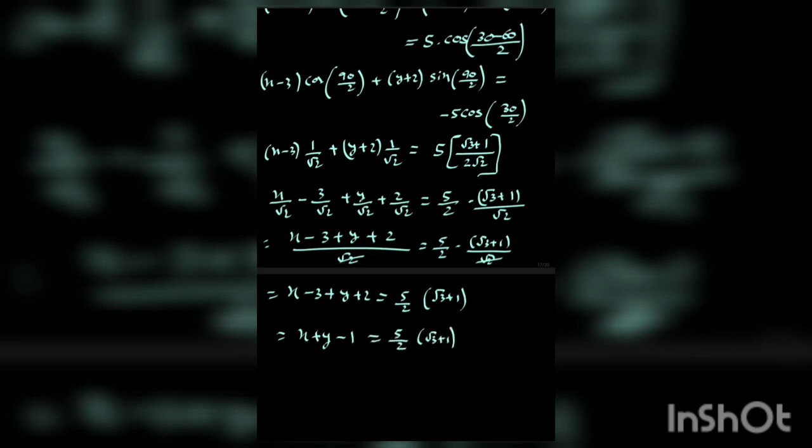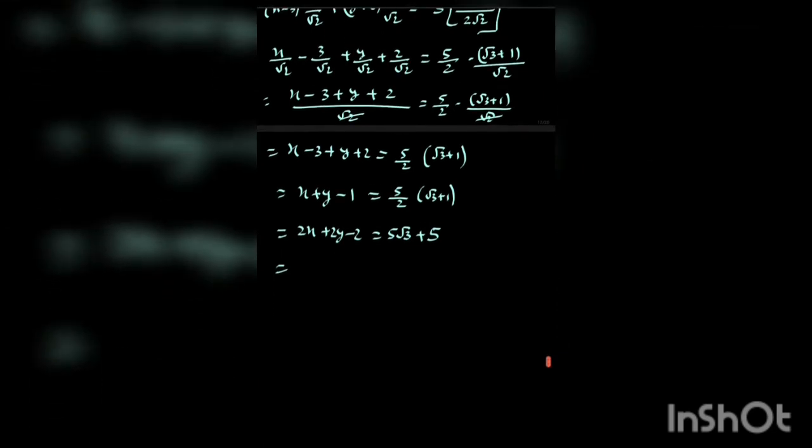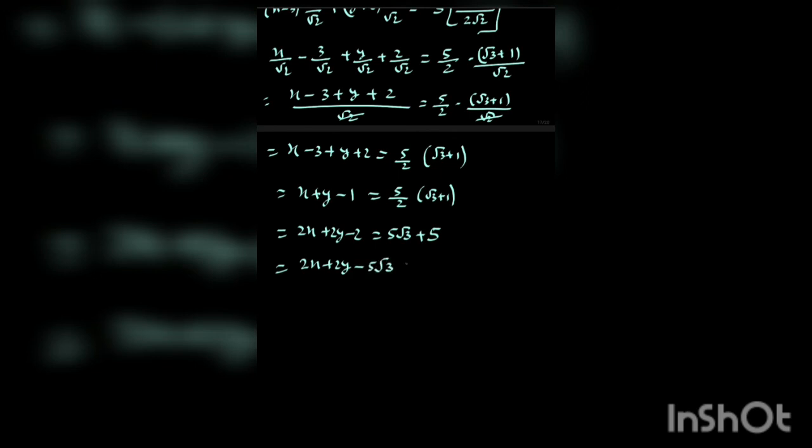So cross multiplication, 2x + 2y - 2 is equal to 5 root 3 + 5. So 2x + 2y - 5 root 3 - 7 is equal to 0.